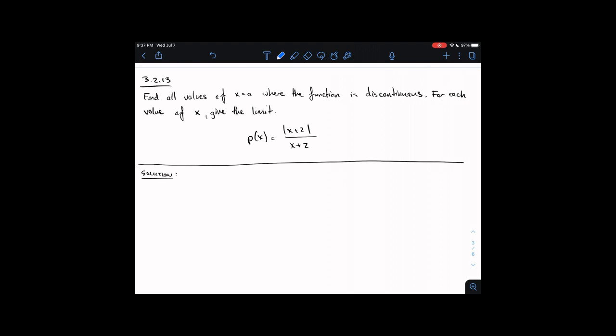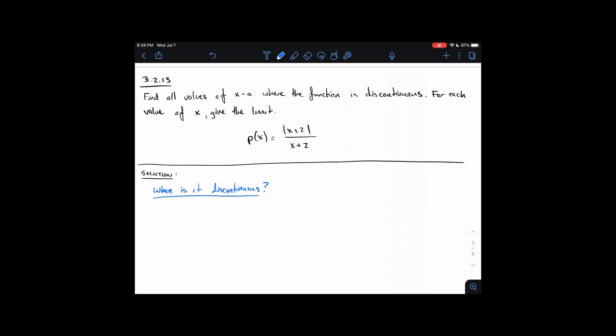First, where is it discontinuous? The things that we usually look for are square roots, if there's negatives in the square roots, or things like that. But generally, it's only discontinuous wherever there's a 0 in the denominator. I should say that if you have the square root function, it's not discontinuous where it's negative, it just doesn't exist where it's negative.